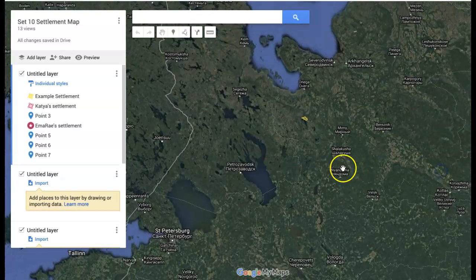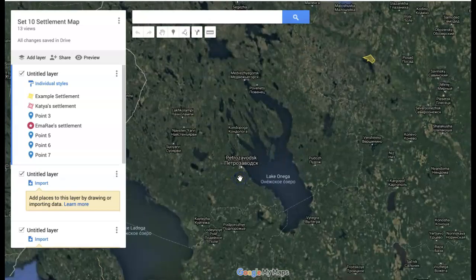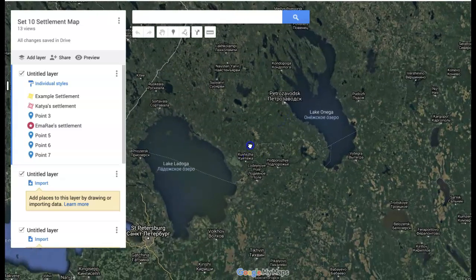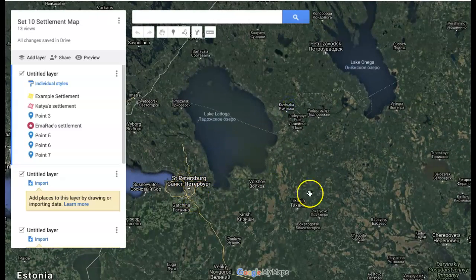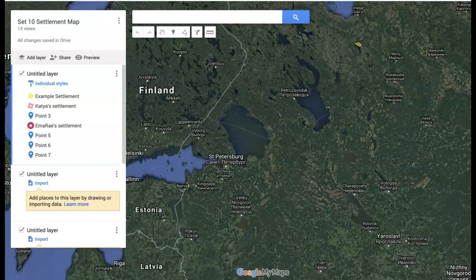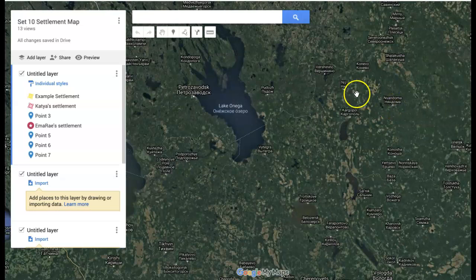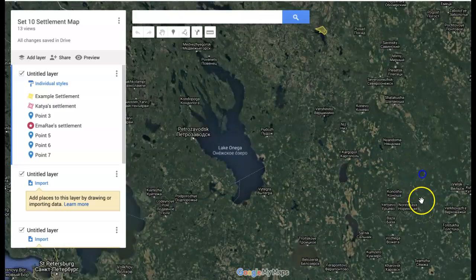So now, as I look into this a little further, I see that there is a big city right here. It's called St. Petersburg. It's not that close, but at the same time, it's also a Western Russian city. And so it would be easier for me to find information on St. Petersburg than on, say, Kargopol, which is this tiny little place right here.